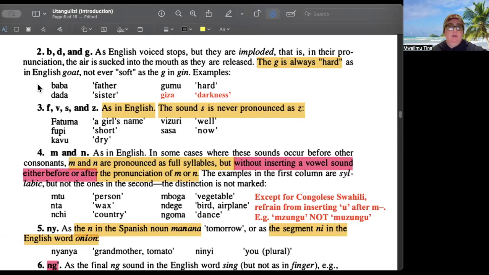But rather in Kiswahili, we say baba, dada. For the letter G, the hard G, for example, we have gumu, giza.